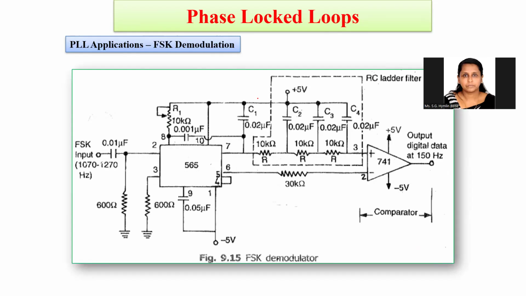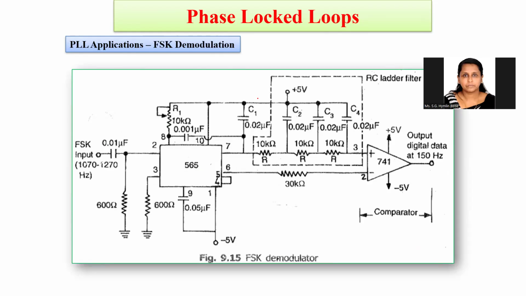Next is frequency shift keying demodulation, that is the FSK demodulator. As you know, FM demodulation is done using the PLL, and we can also use it for FSK demodulation. The block diagram is shown with an operational amplifier. Here the binary data can be retrieved using an FSK demodulator at the receiving end.